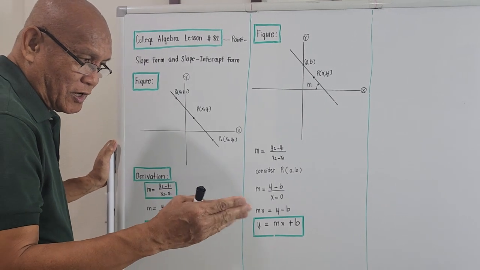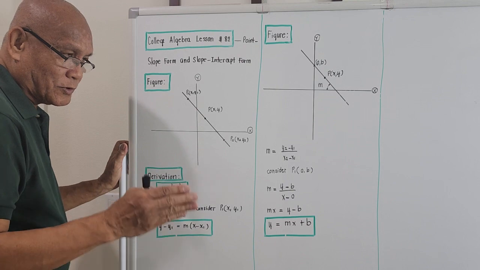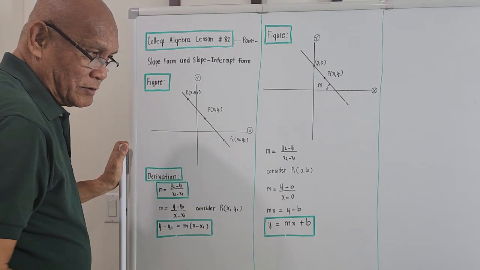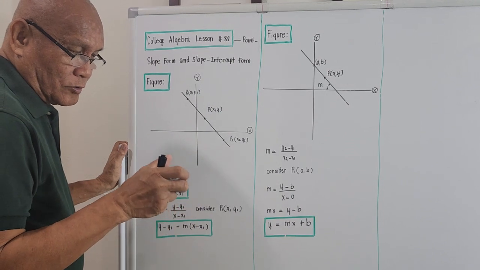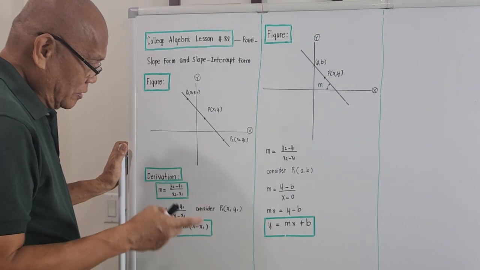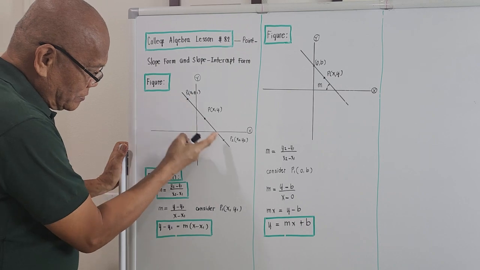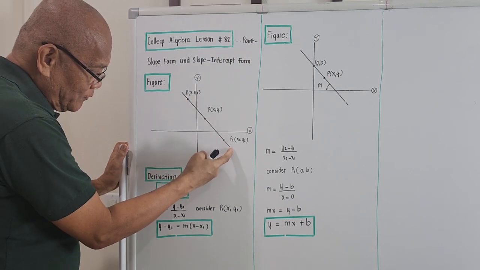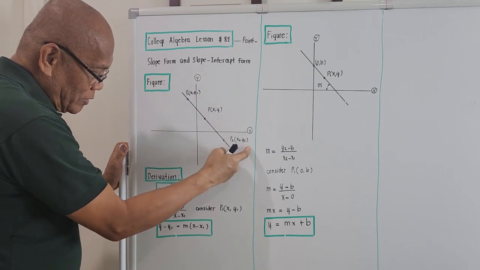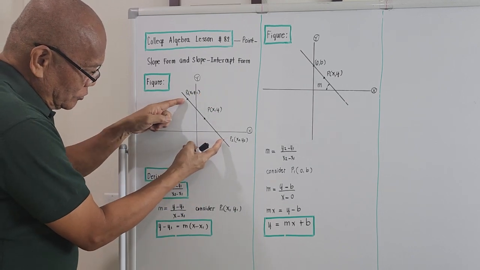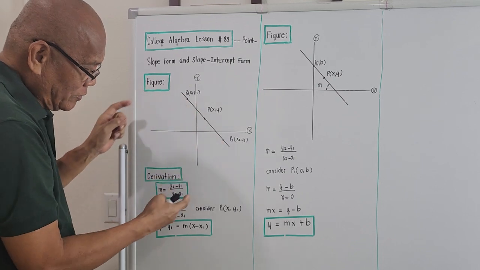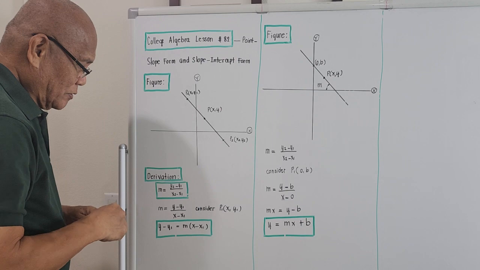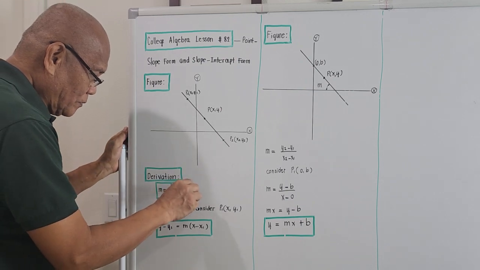That is a general equation on how to compute for the slope if we are given 2 points on the straight line. So to compute for the slope, we are given 2 points, right? It will be point P1 and point P2, x1, y1, x2, y2. If we are given these 2 points, by using this formula we could compute for the slope.